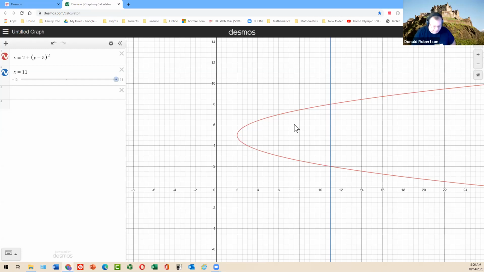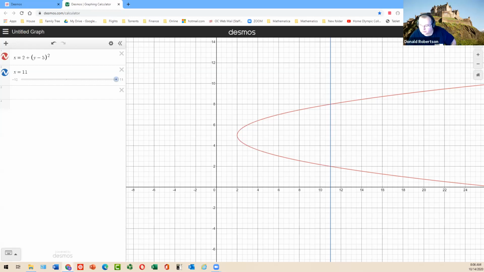Right, what do I need to know here? This is 11, I guess. I need to know where the blue line and the red line meet, because those are the intersection points. Would you agree that the top value where the line and the curve meet is 8 and the bottom value is 2? And that should be everything.